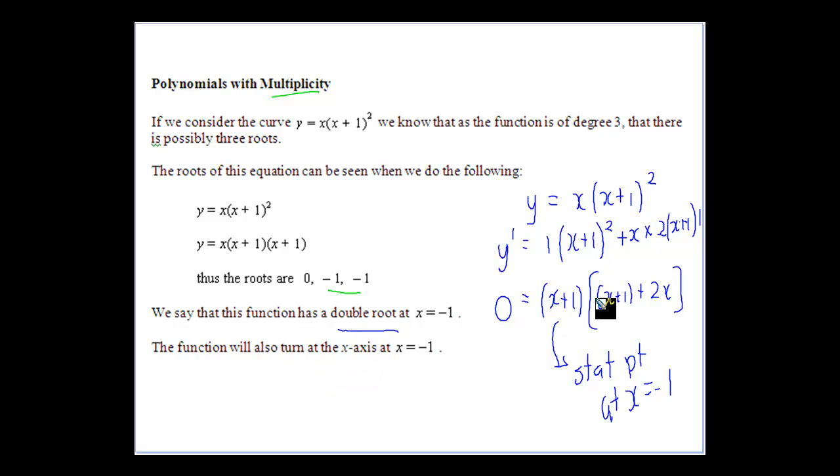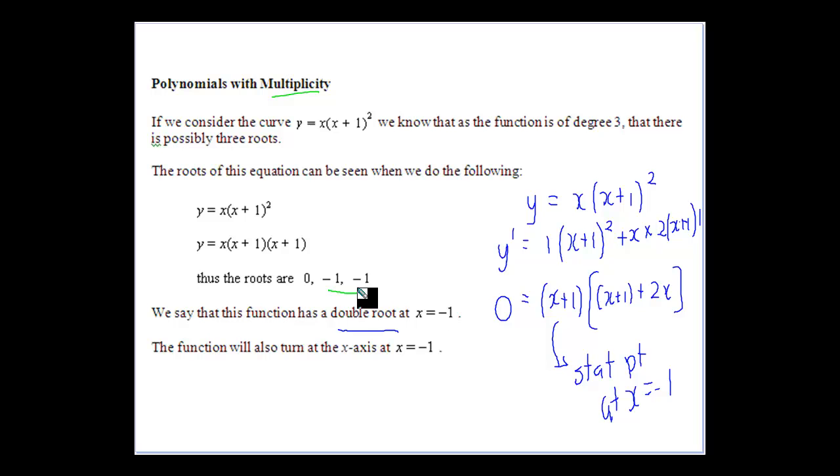Now, we can prove it over here, because if we look at x times (x plus 1) all squared, we're not expanding it, we're going to do the product rule on this, and we get the derivative of it. Set it equal to 0. When we factorize x plus 1 out, because it's common, if you set it equal to 0, you can see you get a stationary point at x is equal to minus 1, and then you can solve for the other stationary point.